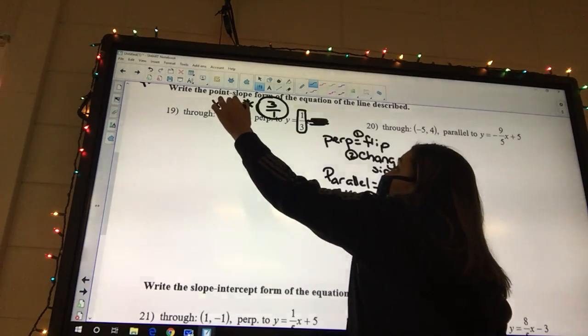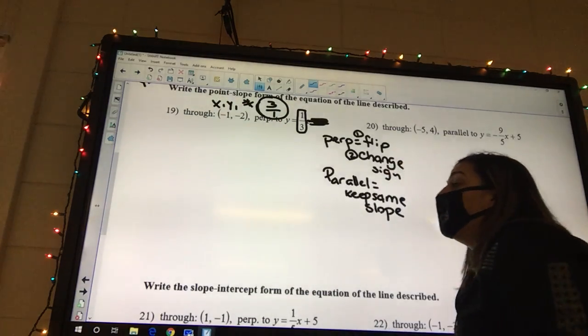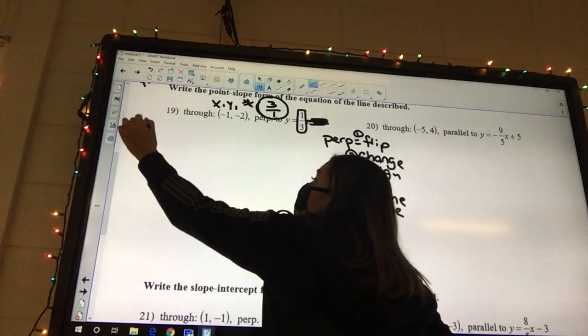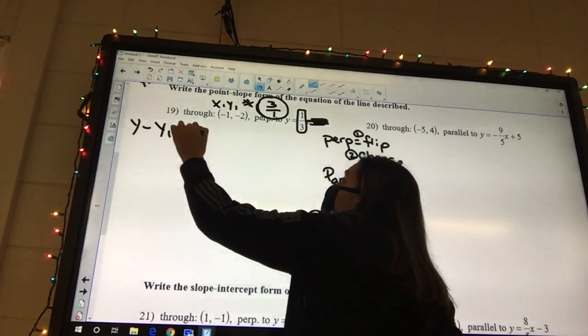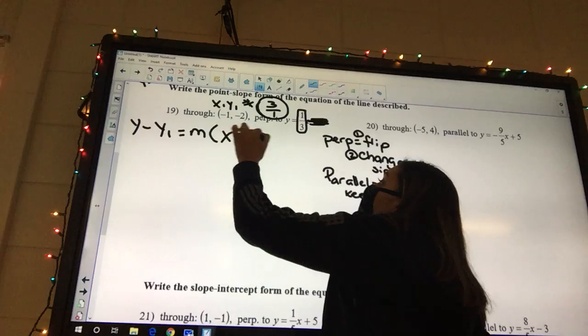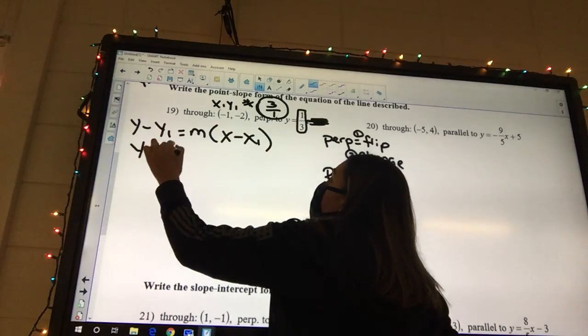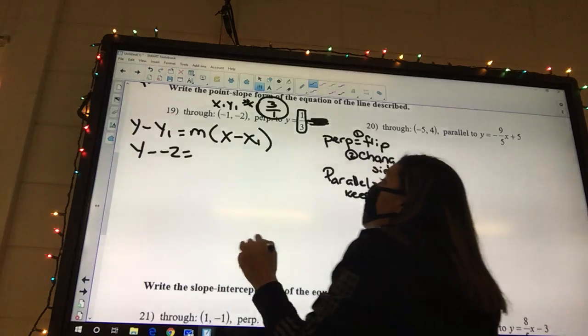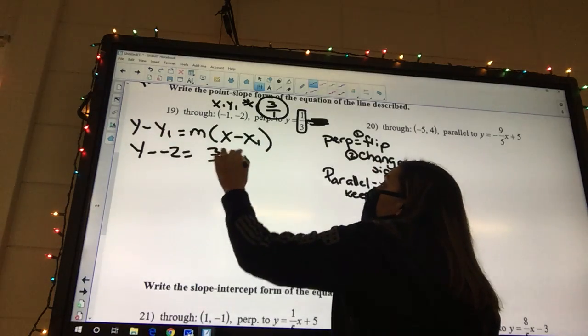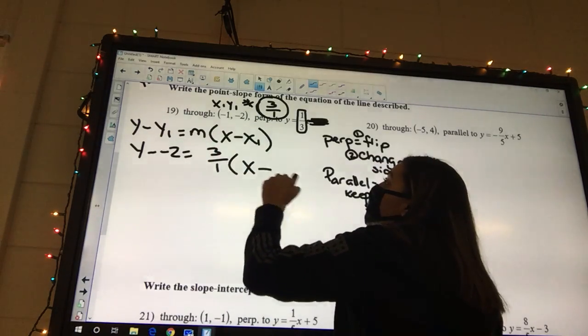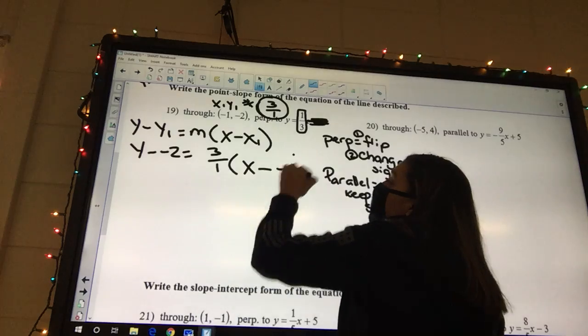Okay, and we have these points. So we have to use point slope, so y minus y1 equals m times x minus x1. Okay, so it's going to be y minus -2. My m is 3/1. X minus x1 is -1.